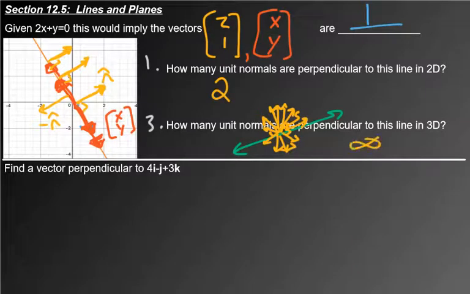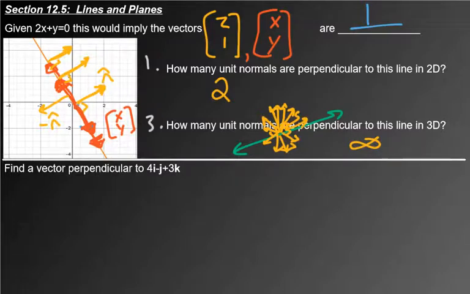So in 3D, there would actually be an infinite amount, 100% because of the direction part of that vector. So that's also going to be something that we're going to see down the road, and it's important to keep in the back of your head.